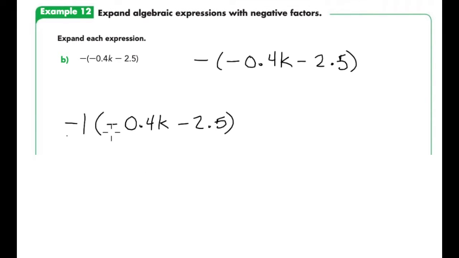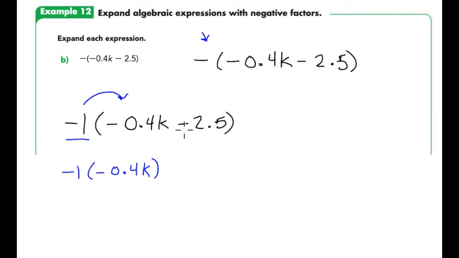And just for visual purposes, I'm going to keep it as this negative 1. I'm going to go through it this way so we can actually see what we're multiplying. And then we'll come back and look at it the way up top. So we want to distribute first, and we have a negative 1 times a negative 4/10 k.